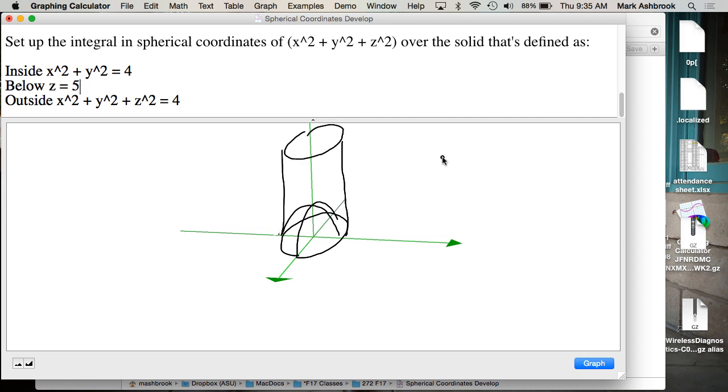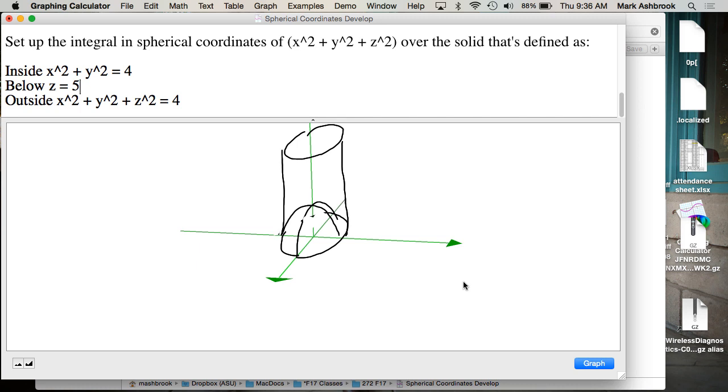So something like that. That's a little better. Okay, so the bottom of it is the top of the sphere, which fits perfectly into the cylinder, and then the lateral sides of the cylinder, and then the top is z equals 5.